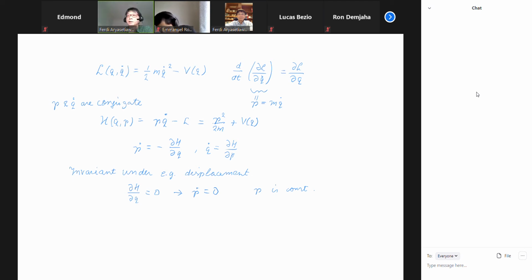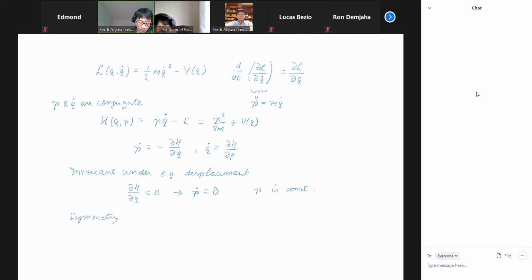So this is actually a rather general result. If the Hamiltonian possesses a symmetry, and it is important that the symmetry must be continuous, then there will be some conserved quantities.